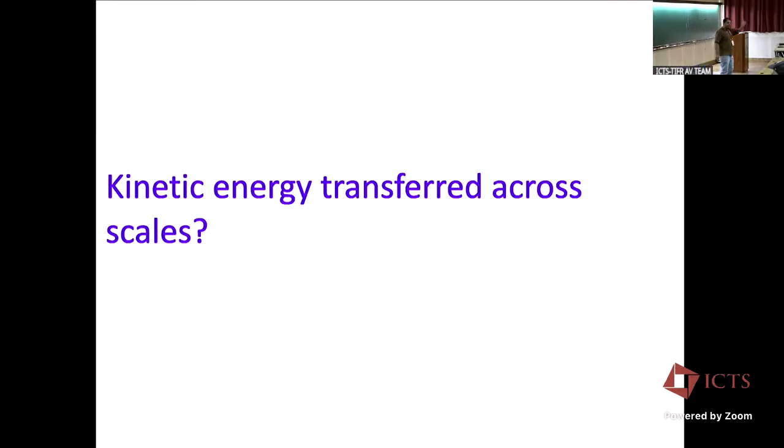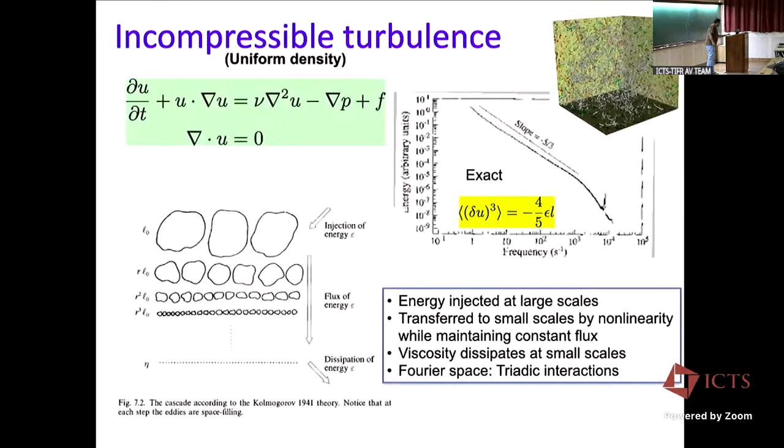So this is the general cartoon. You inject energy at large scales. This is a Richardson picture where the eddies keep on breaking in a similar way to maintain a constant energy flux until at the smallest scale it gets dissipated. And you get a beautiful 5/3 scaling as a consequence of that.